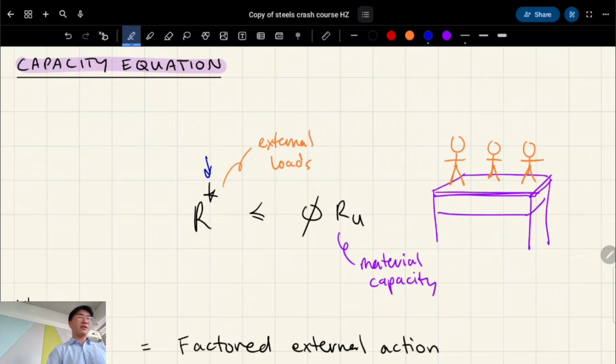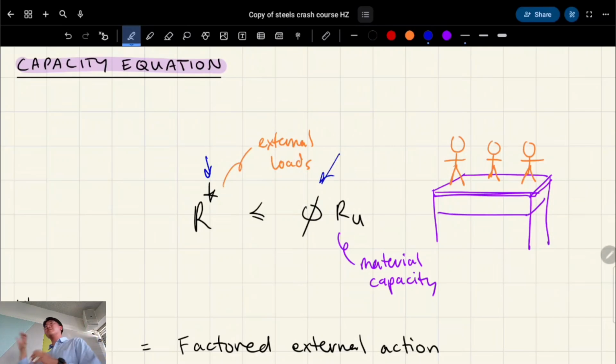This star in this course will indicate that we've factored the external loads. That means we make them bigger than they actually are in reality. So instead of considering these tradies as being 100 kilos, we might consider them as 120 kilos, for example, in our calculations. Say they just ate a buffet 5 days in a row or something. Worst case scenario kind of stuff.